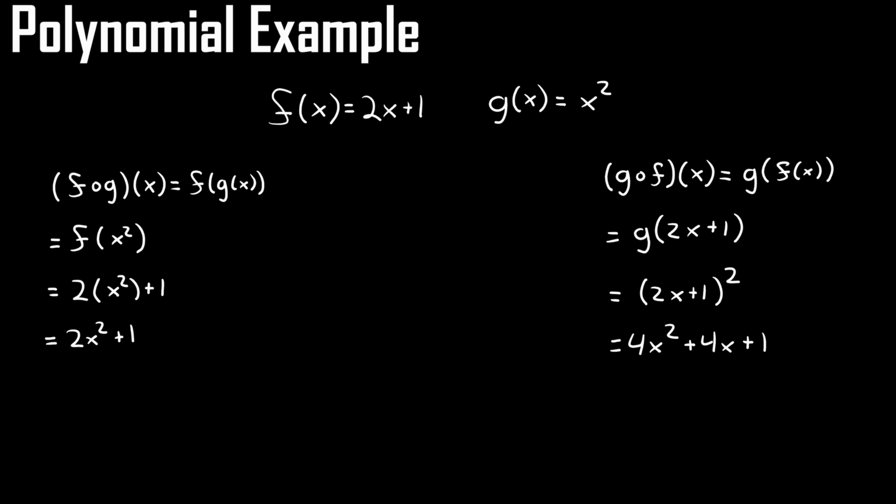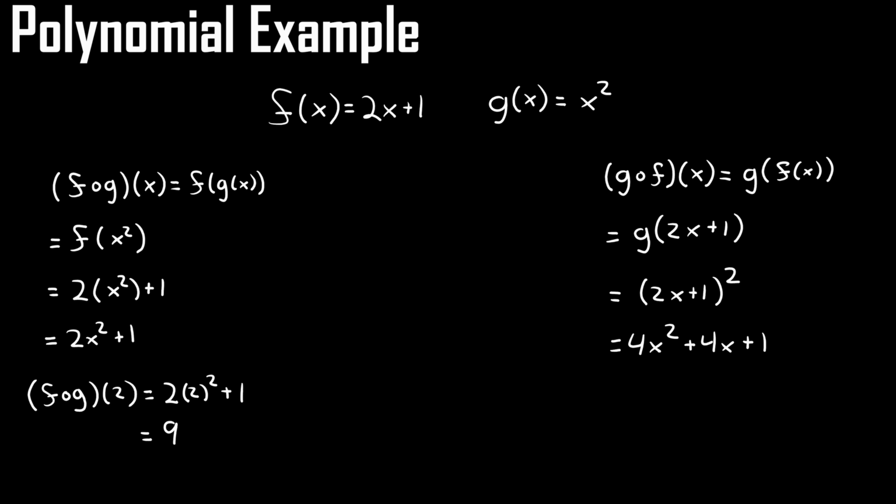So now let's evaluate these functions. So let's say we're given x equals 2. So f of g of 2 would equal 2 times 2 squared plus 1. And this simplifies to 9.